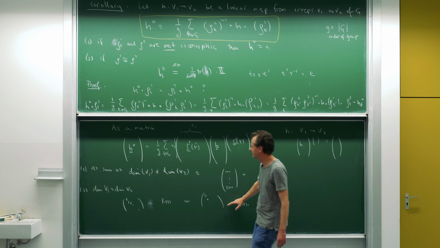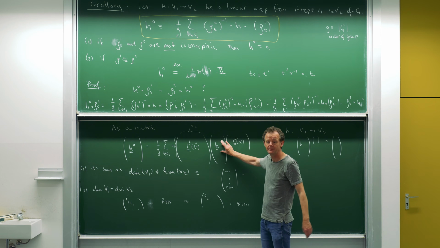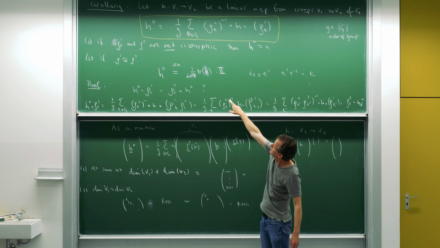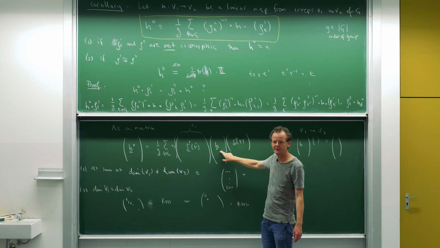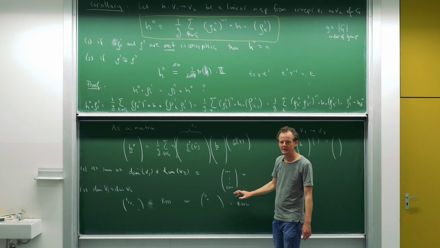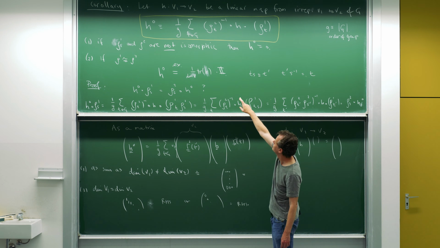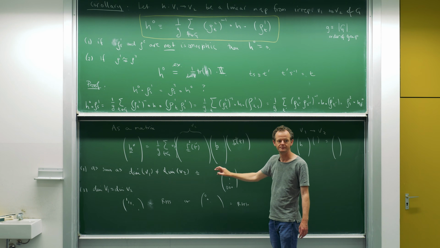Which of these two circumstances you get depends on the trace of this matrix here. So if H has 0 trace, then it gets annihilated and you get 0 on the left-hand side. If the trace is 1, then on the left-hand side you just get the full identity matrix.